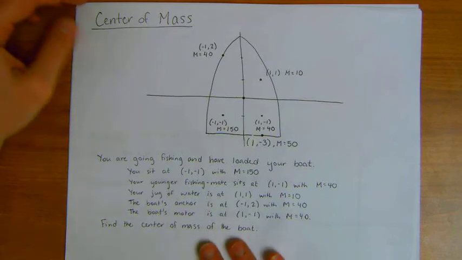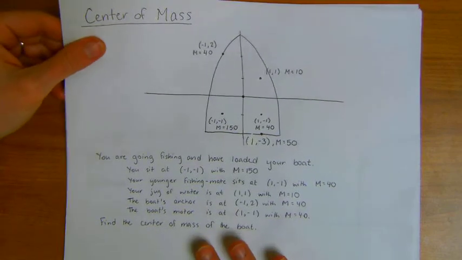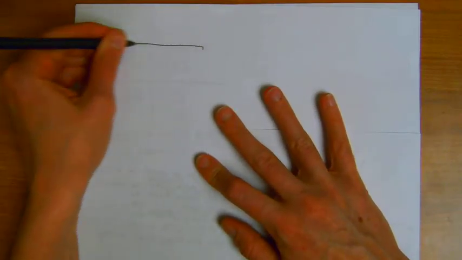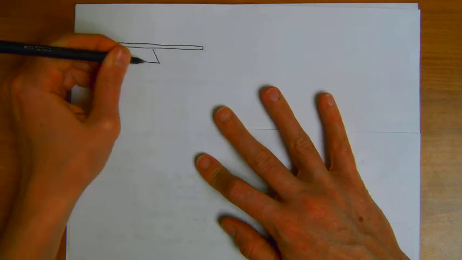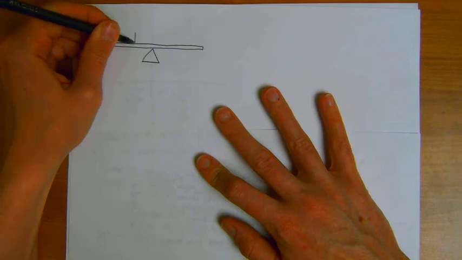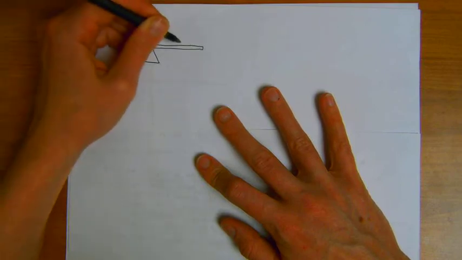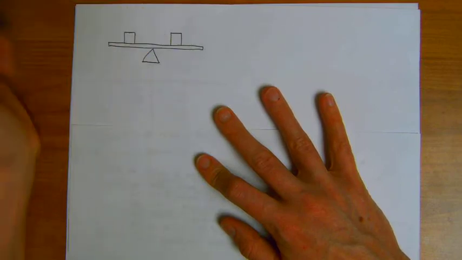And when thinking about center of mass, there are a couple of things that you have to consider. So, like, thinking about a teeter-totter, for example, let's say that we have a perfectly aligned balance here. And if you put two objects on it that are of exact equal weight, you notice that the teeter-totter is going to balance.